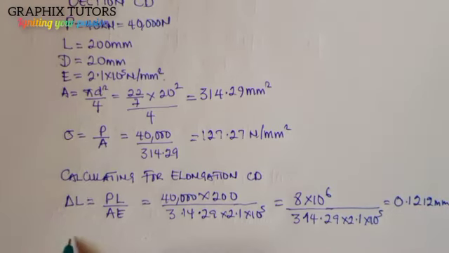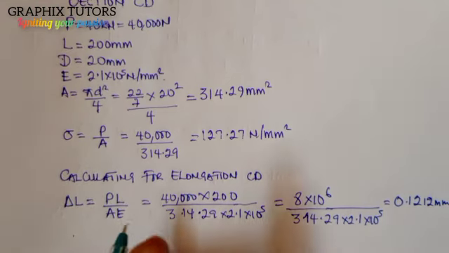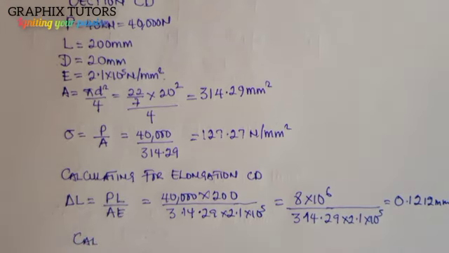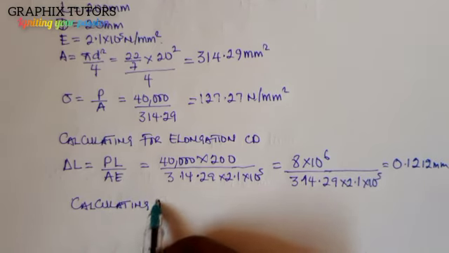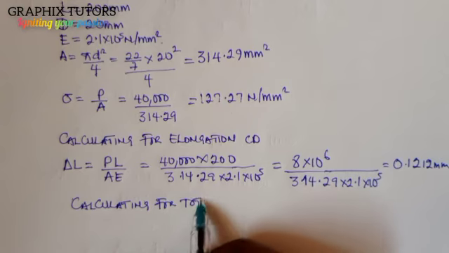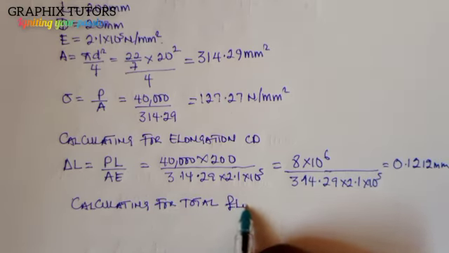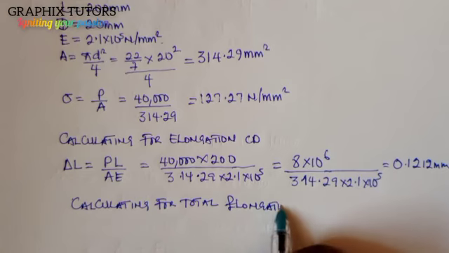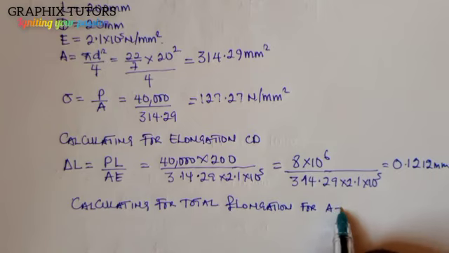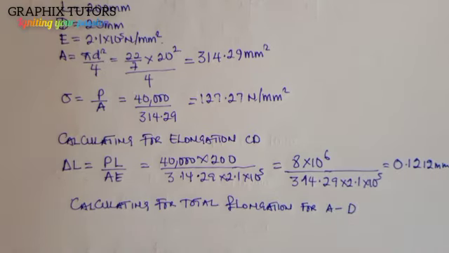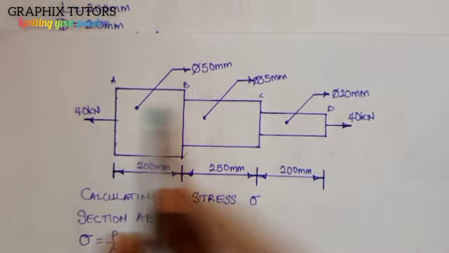So now calculating for what the question says, look at the top right corner of the screen. It says that we should look for the total elongation of the bar for axial pull of 40 kilonewton. So calculating for total elongation from A to D. That means we want to look for the total elongation from A down to D, all the lengths.